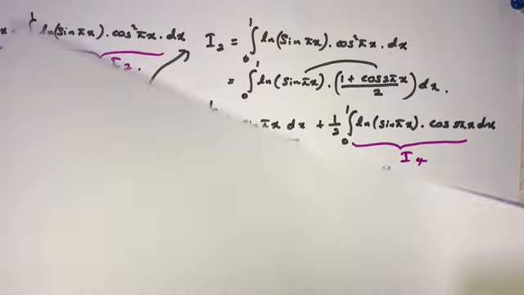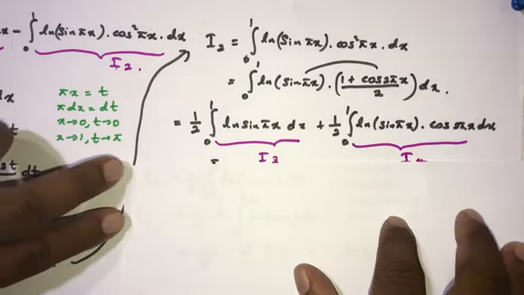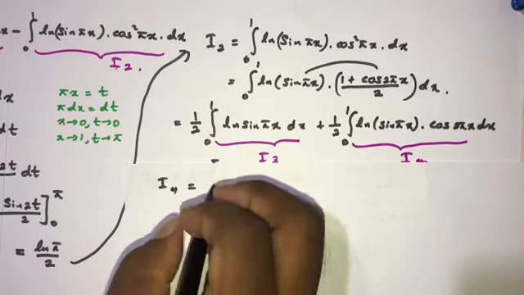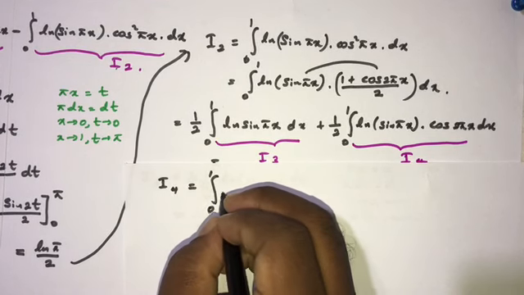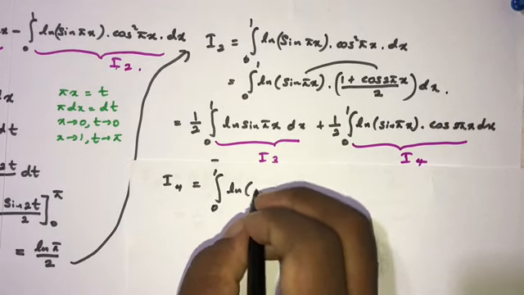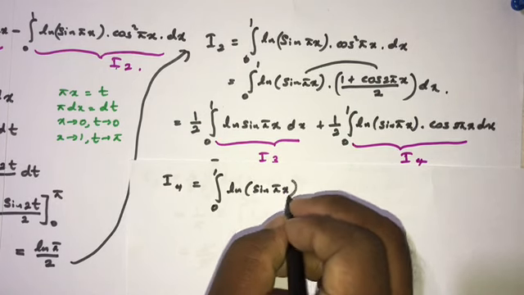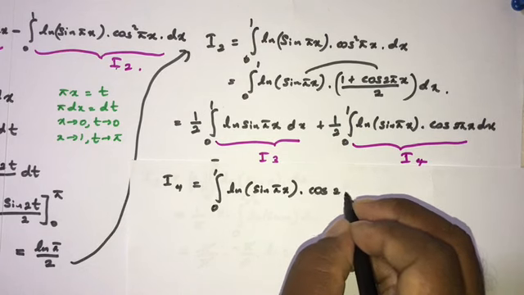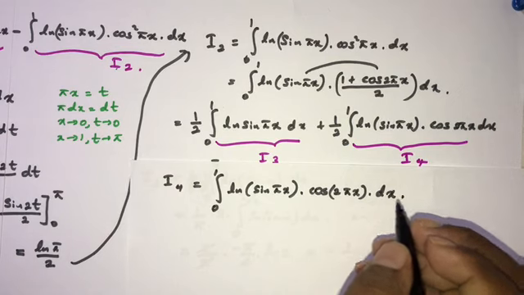Now I'm going to take I4. So I4 is equal to 0 to 1 natural log of sine of πx, here cosine of 2πx dx.